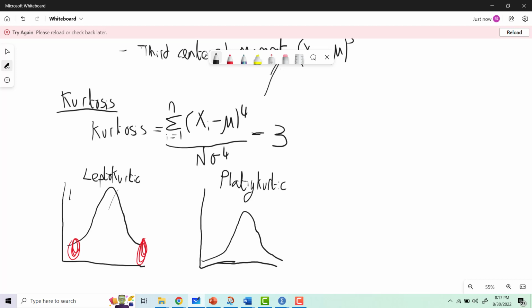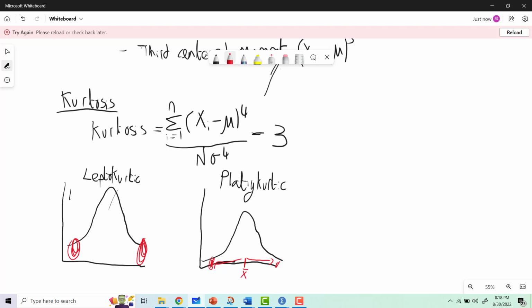Okay, that wasn't a very good drawing. But the idea is, if this is X bar, you've got less that's far away from the mean. So this is going to be much, much smaller.